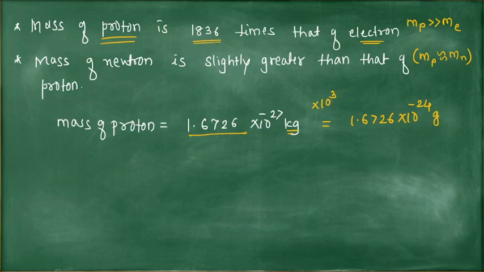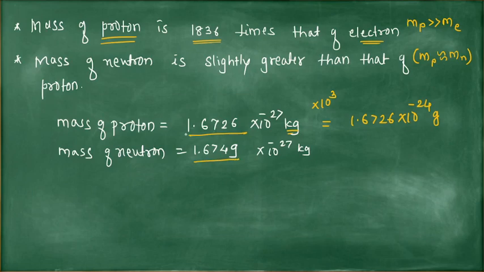Now the mass of neutron is 1.6749. Here 3 digits are the same, 1.67. In case of proton it is 26, and in case of neutron it is 49. So a slight difference is there; the mass of neutron is slightly greater.